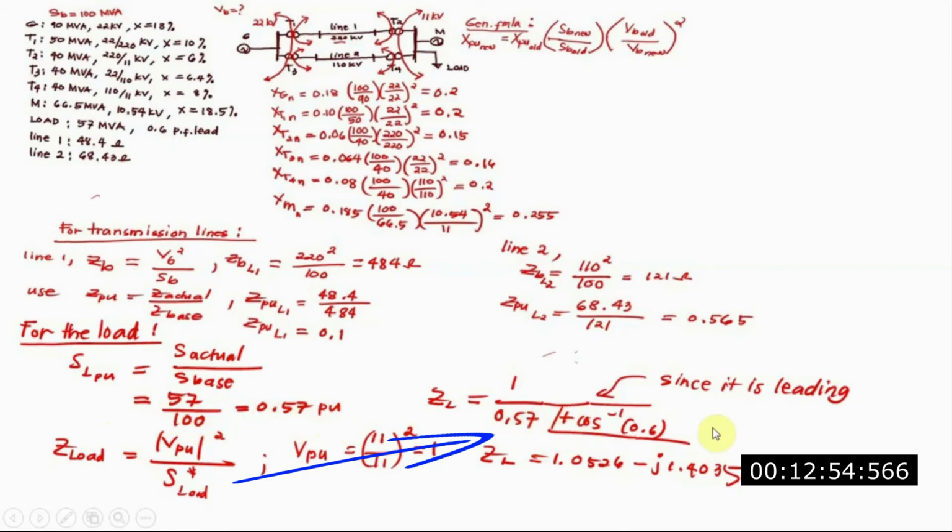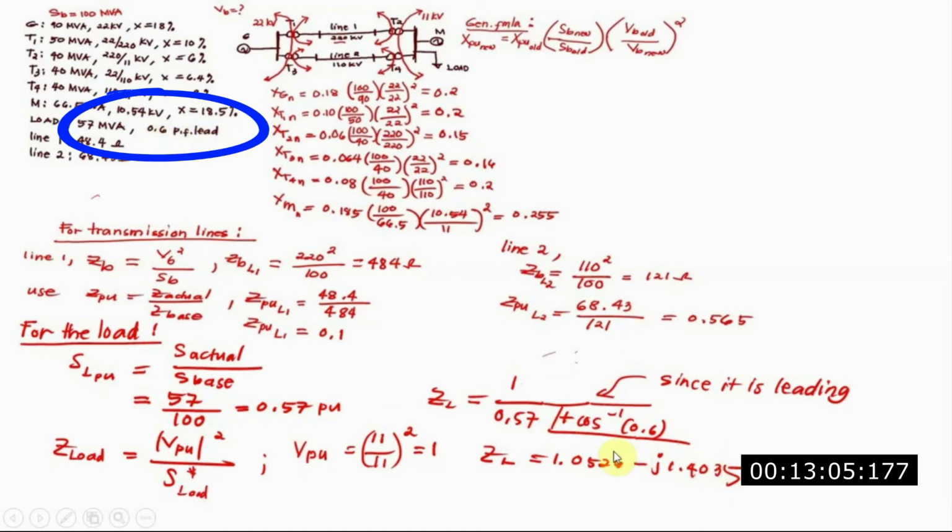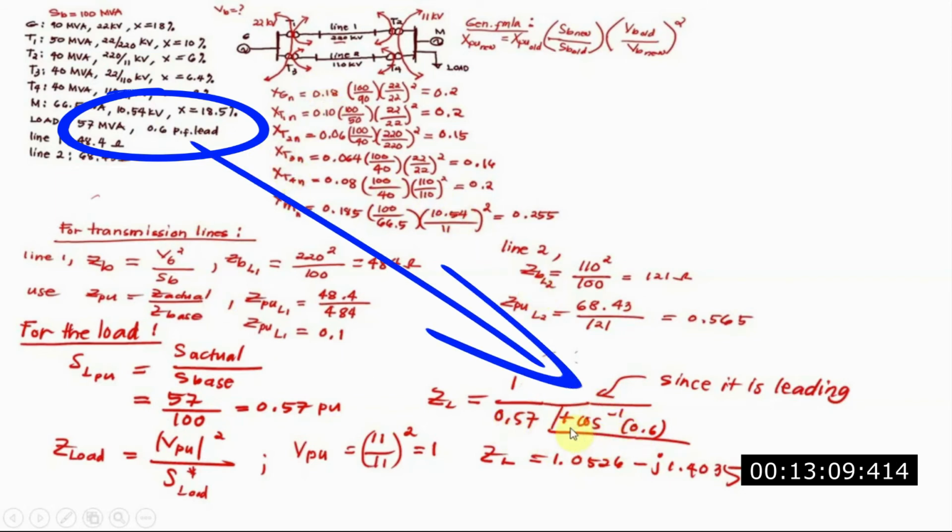The angle is cosine inverse 0.6. It is given here as 0.6 power factor leading. So this is more capacitive. If it is capacitive, the angle should be negative, because it is leading.